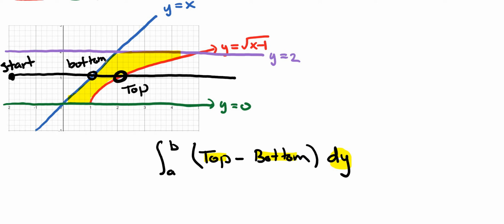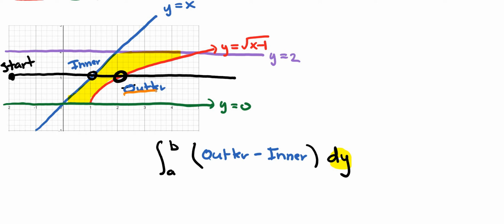Since I'm drawing a horizontal line this time, another term we could use for top and bottom is outer and inner, which are pretty much the same thing as top minus bottom. So I'll say outer minus the inner function.